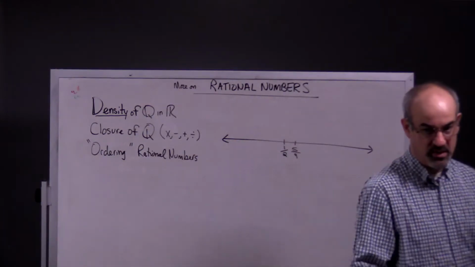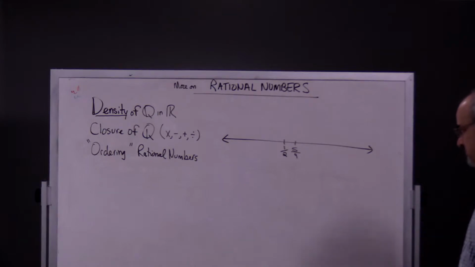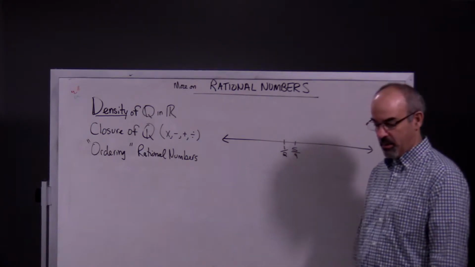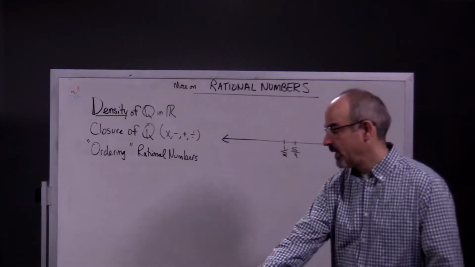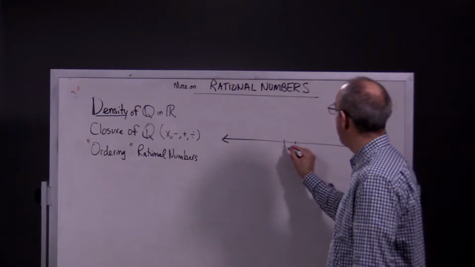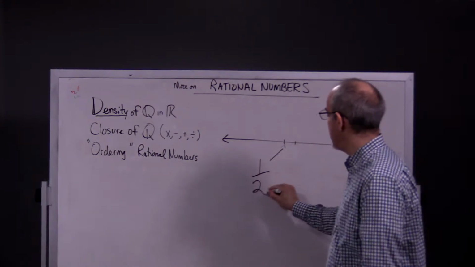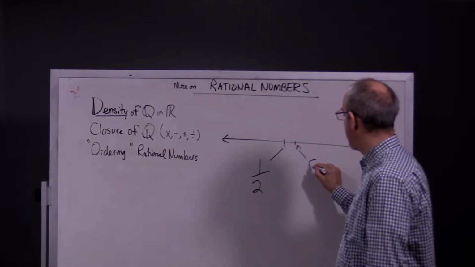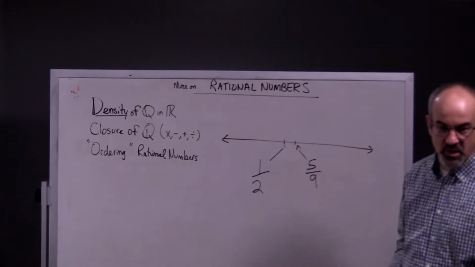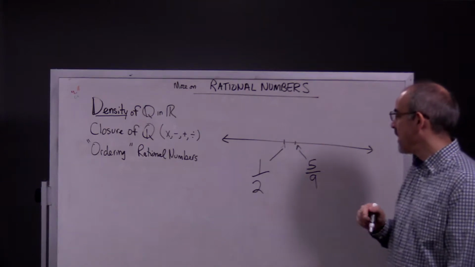Hopefully you can see that. I think you can zoom in if you can't, but here, I'll write it bigger. So this one's 1/2. See, you can see it now. This one's 5/9. There's another rational number in between those two.